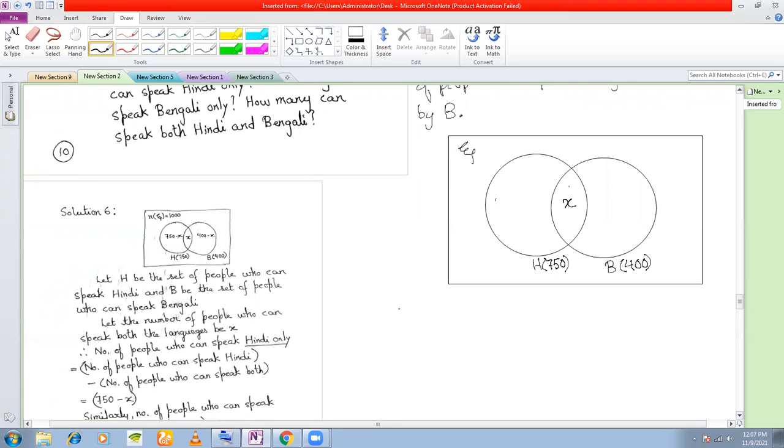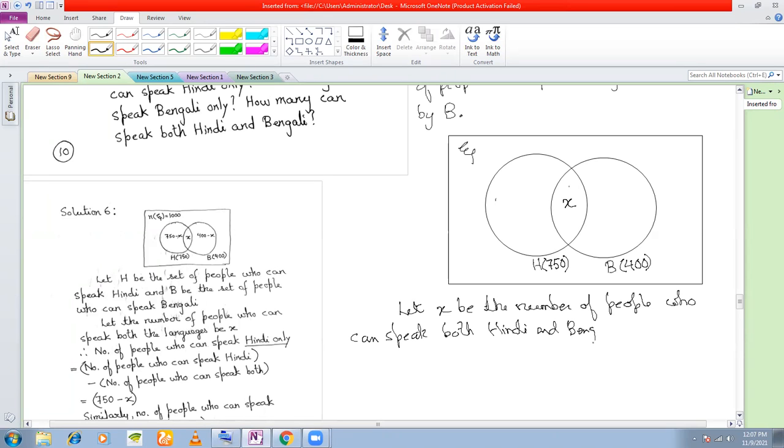So I say let X be the number of people who can speak both Hindi and Bengali.